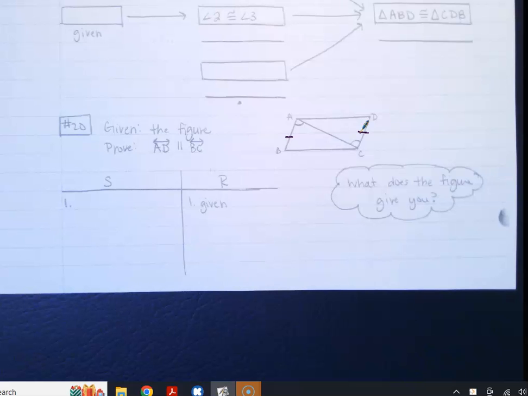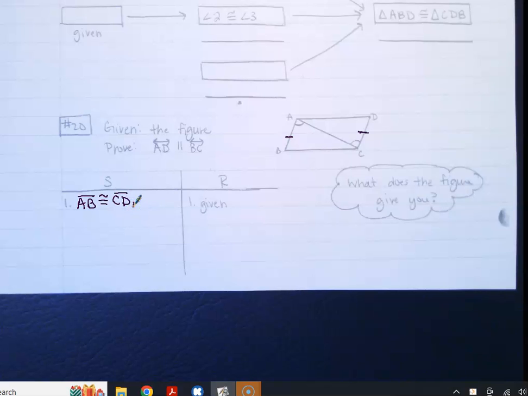Okay, we could not say angle A, because angle A is split, so we can't call it angle A. Line AB. Okay, so you just want to go to the line instead. So segment AB is congruent to, if you go from A to B, you need to go C to D. That's given.